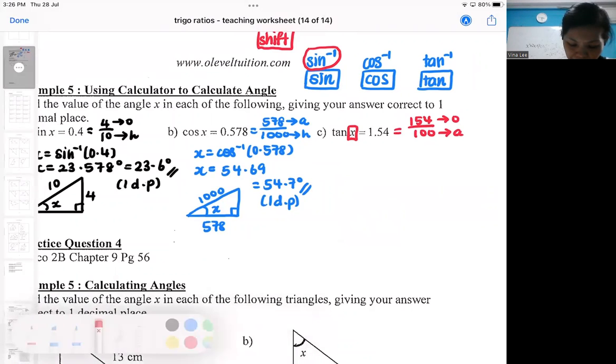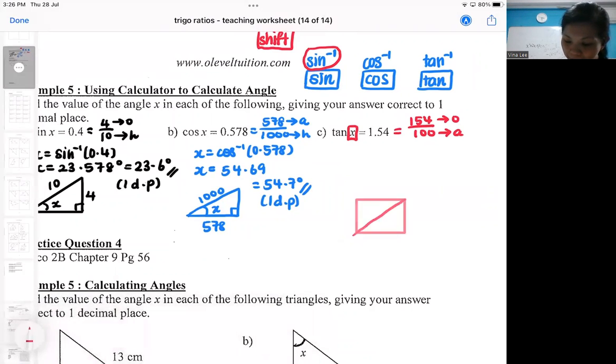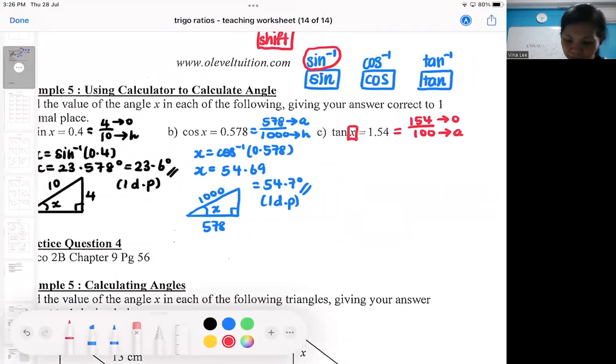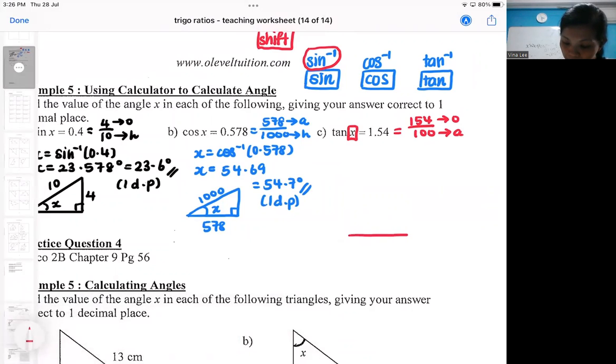So let's get a triangle where the opposite is 154, the adjacent is 100. And I need to find the angle.